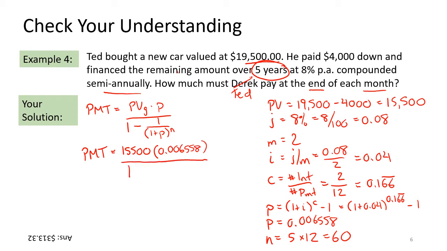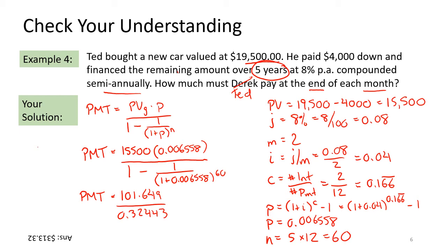divided by 1 minus 1 divided by 1 plus our equivalent rate of interest, 0.006558, to the exponent 60. If you calculate these out, the numerator is 101.649 divided by 0.32443.